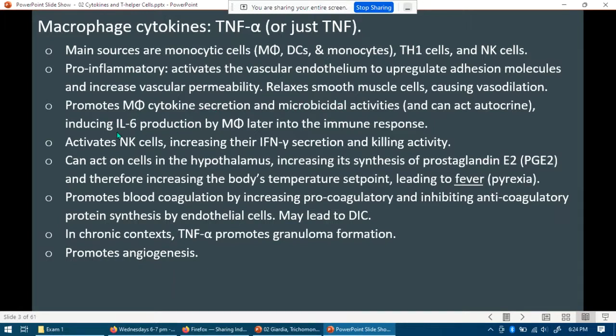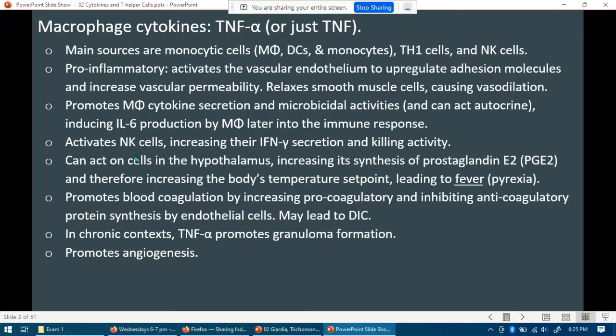And it will also induce IL-6 production by macrophages, and IL-6 is a cytokine that comes a little bit later into the immune response. It's not made at first. You need some of these earlier cytokines to be made first, and they will act on the macrophage that's making them, and then you finally get the IL-6 probably a day or two into the infection.